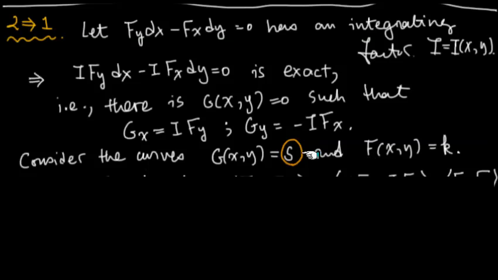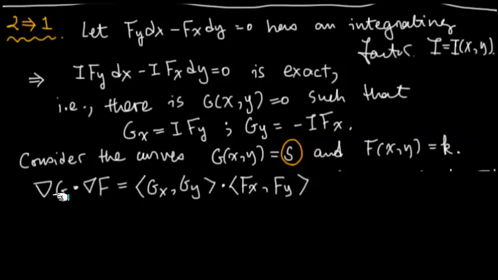Sorry about the mistake. And for f of x, y, you have to show these two things are perpendicular to each other. Of course, that is done by calculating the dot product of the gradients of these two functions, so we spell out the components gx, gy, fx, fy, and we multiply the components and add them together.